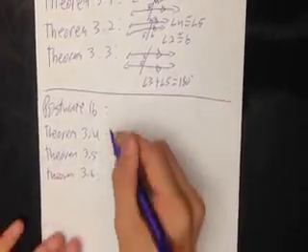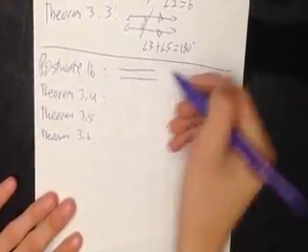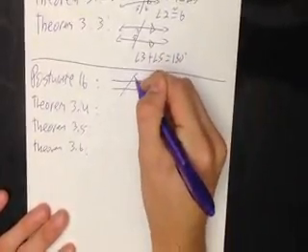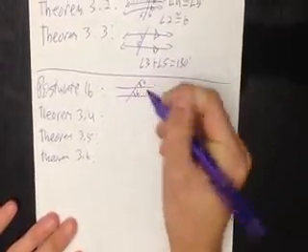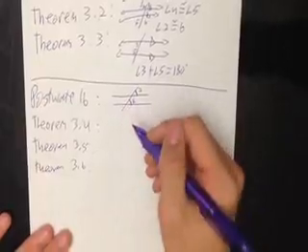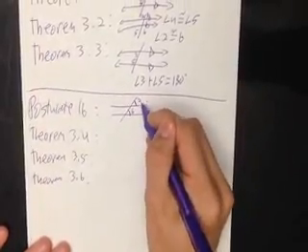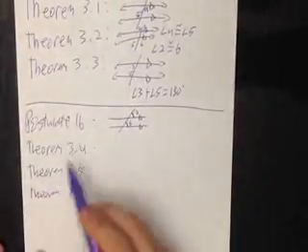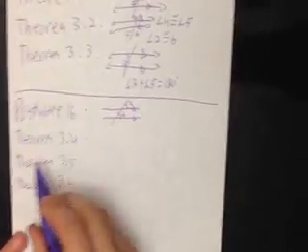Like I said, postulate 16 is two lines cut by a transversal, and you know that this angle and this angle, let's name them 2 and 6, are congruent here. So by the corresponding angles converse, you will know that these two lines are parallel. It's backwards of postulate 15.